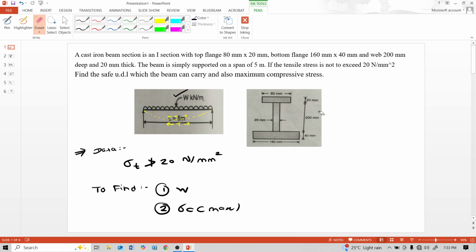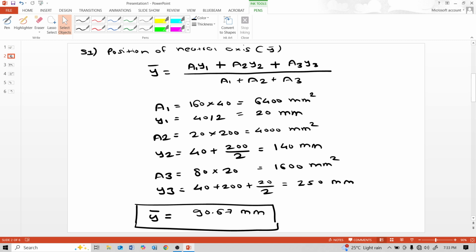Total depth is 260, bottom flange is 160 and top flange is 80 mm wide. Thickness of web is 20 mm and bottom flange thickness is more, 40 mm. Length is 5 meter. For that, neutral axis is 90.67 mm.